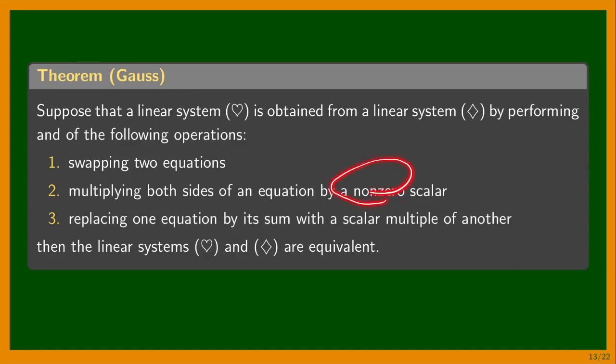We can only multiply both sides by a non-zero scalar. Remember that. Okay, basically, number 3 is just like adding two equations. Two equalities, when you add them, lead to another equality. Right?